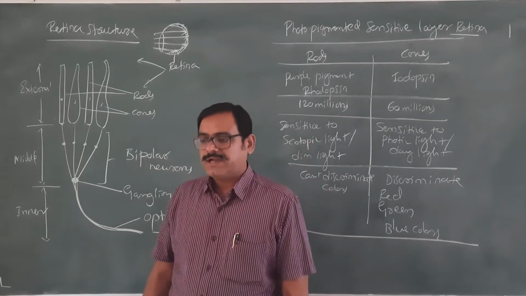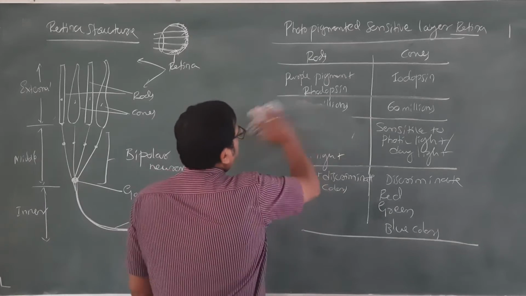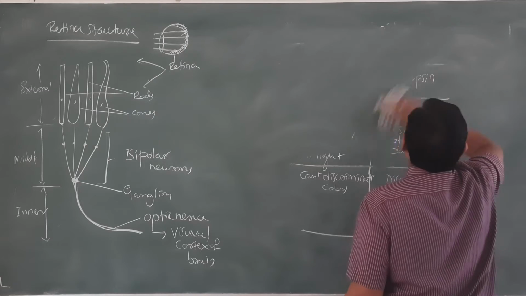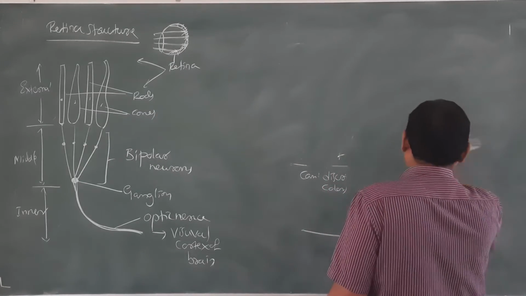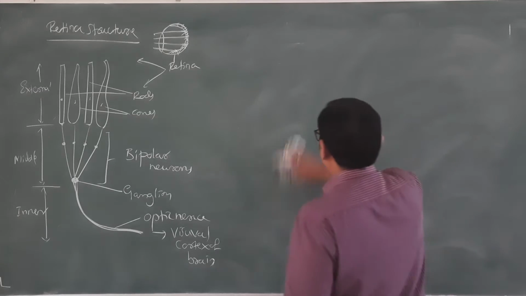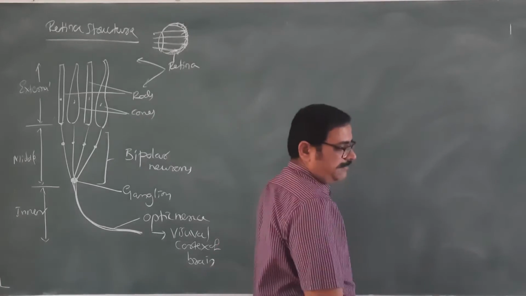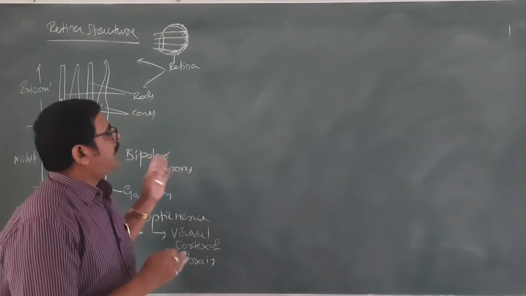Now let us understand how the retina functions and converts the light signal into impulses, and how those impulses are received by the brain.